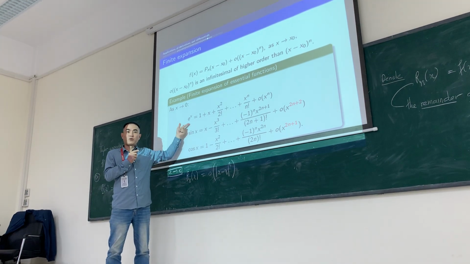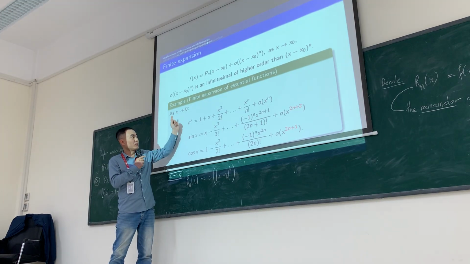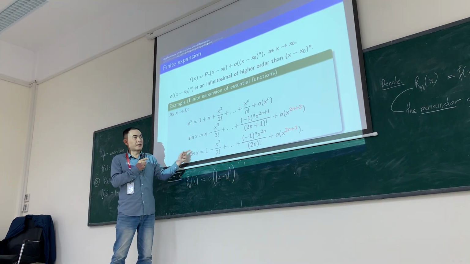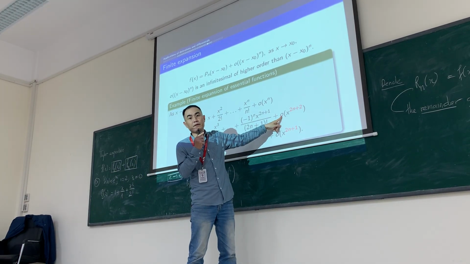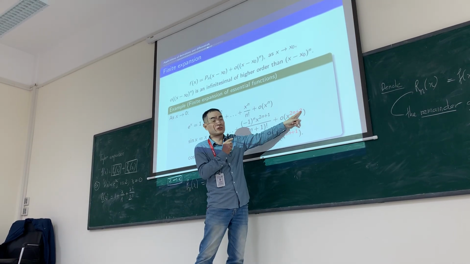We have some properties. When x tends to 0, we have the functions exponential, sine, cosine, with the remainder being an infinitesimal of higher order than x to the power n plus 2.